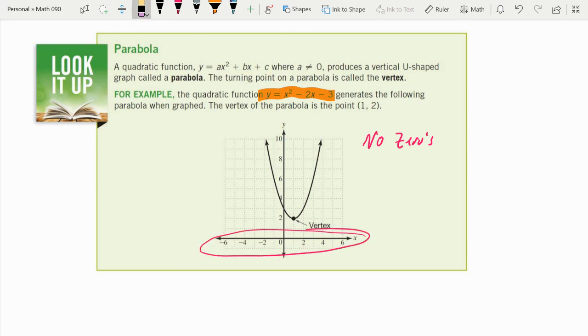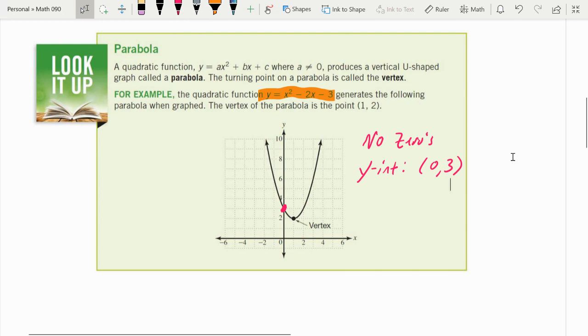There are no zeros because this parabola does not cross the x-axis. But there is a y-intercept, and that y-intercept is (0, 3). So it does have a y-intercept.